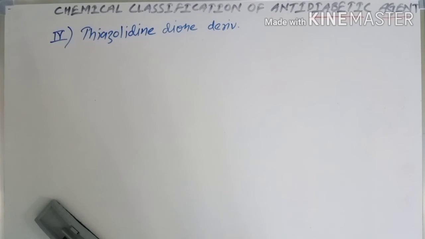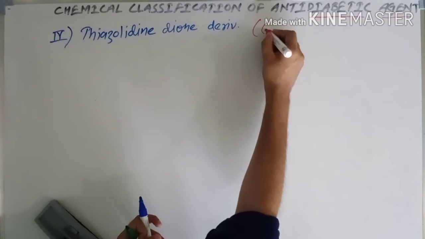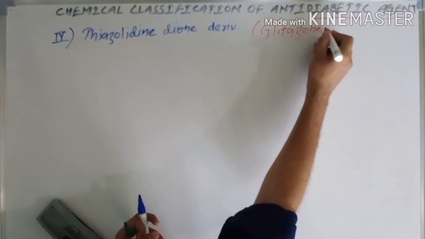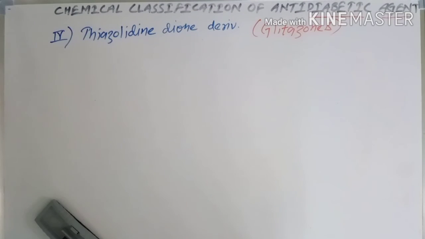Thiazolidine dione derivatives, in short, are also known by the name glitazones.